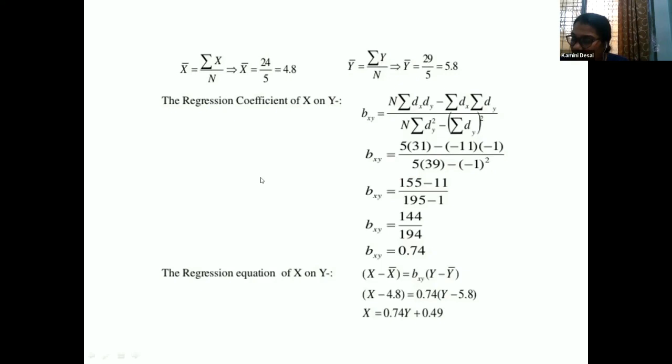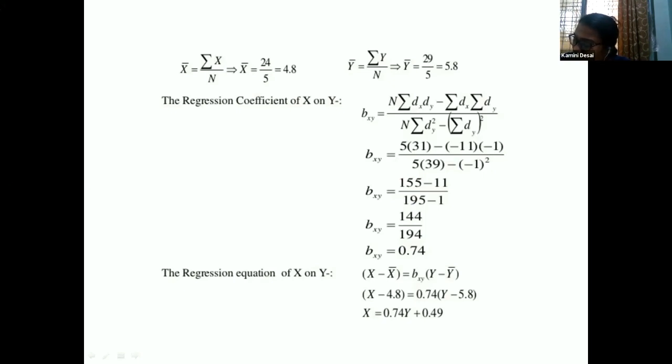So bxy is 0.74, y bar is 5.8, and x minus 4.8 is equal to 0.74 into y minus 0.74 into 5.8.